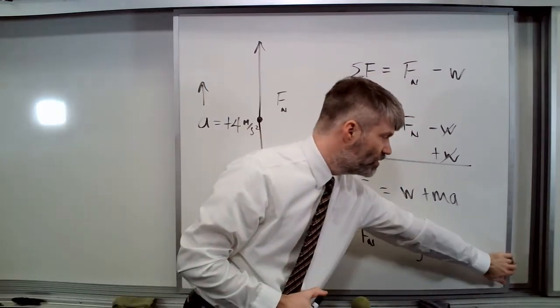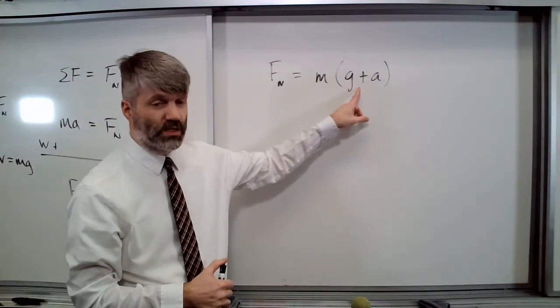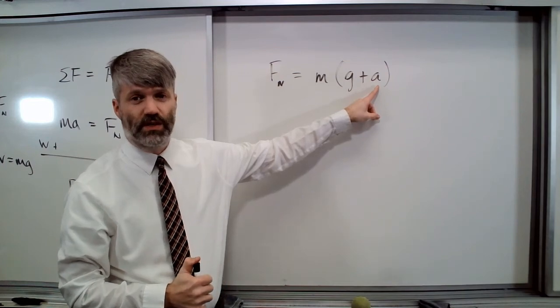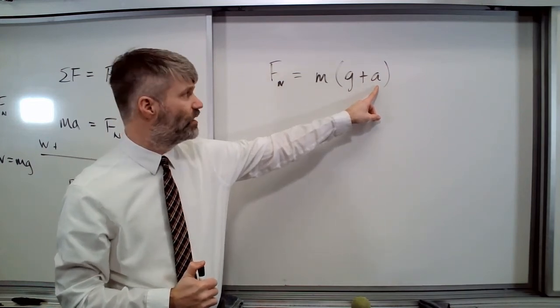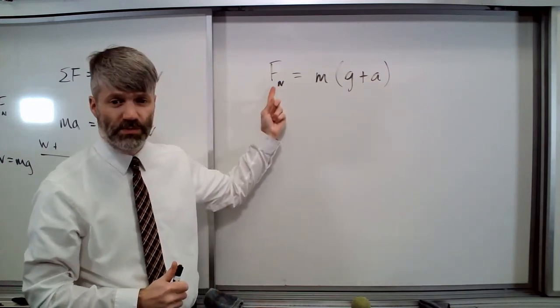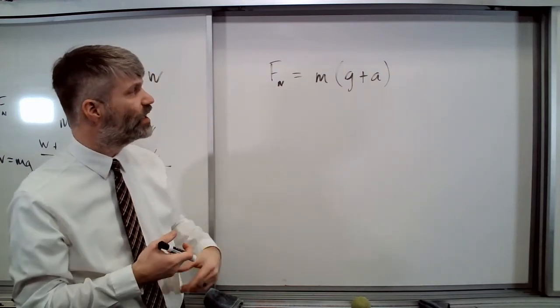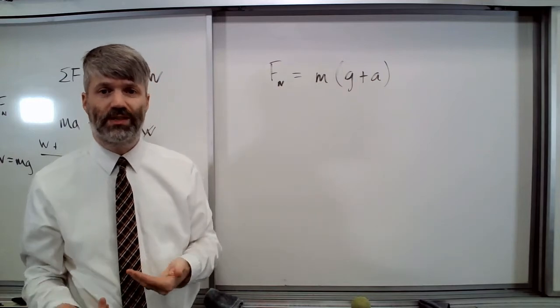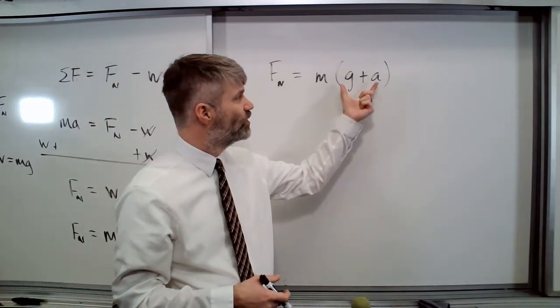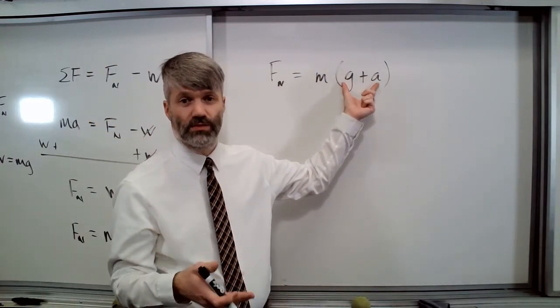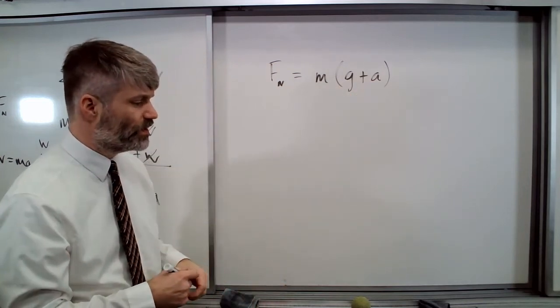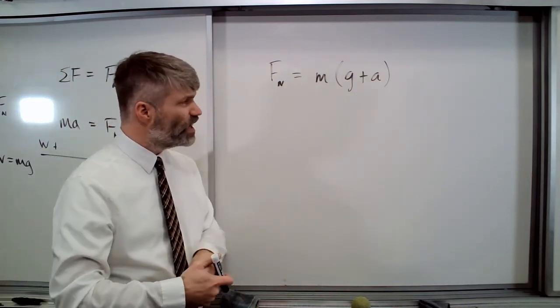Okay, we get here, and we get here, and now we're putting a positive value in for this acceleration, which means that the normal force experienced, what the scale reads, right, the apparent weight, is going to be greater than the actual weight, because what we have here is greater than g. Okay, so we've got that.